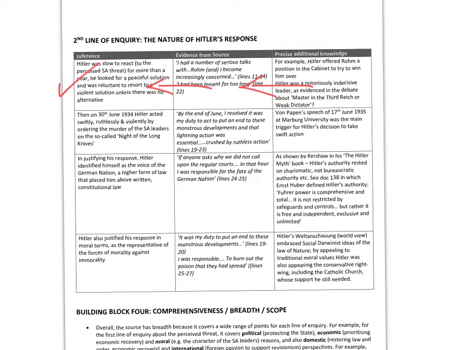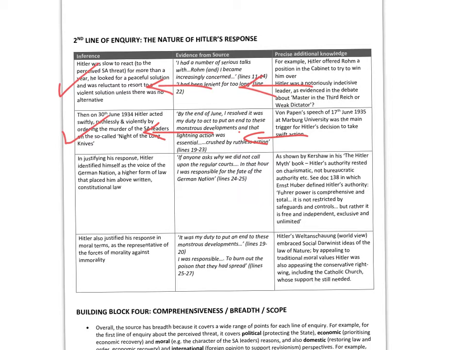The second inference was that Hitler then made a decision to act swiftly. When you make that point, you've got to be careful. Don't just quote the evidence, which is there, but put it into your own words. Reference the evidence, put a little quote in, put it in your own words, and try to add a little bit to it using some additional precise knowledge to show you know something about it.